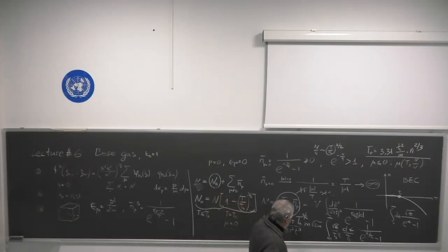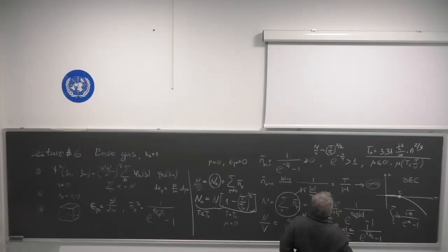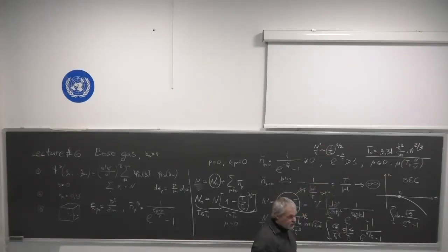Therefore, in this sum, I should treat separately the term with p equal to 0 and the terms with p not equal to 0. With the terms not equal to 0, I proceed the very same way. So this is not N over V, this is N prime over V, where N prime is the number of particles staying out of Bose-Einstein condensation.